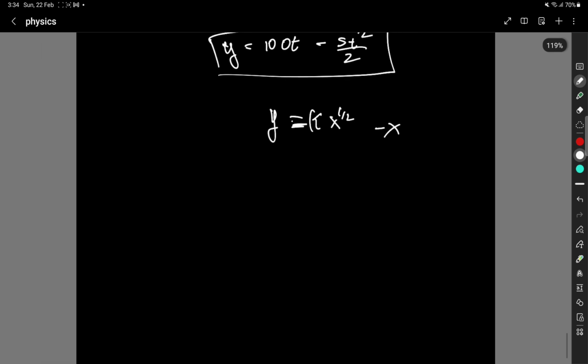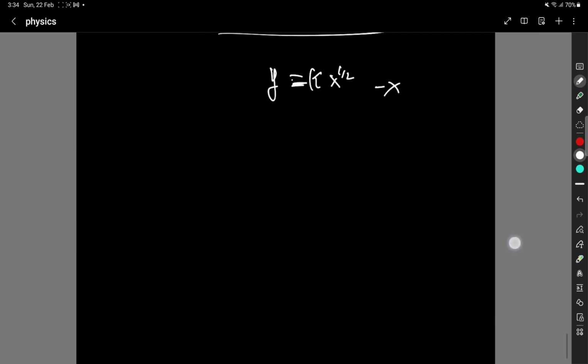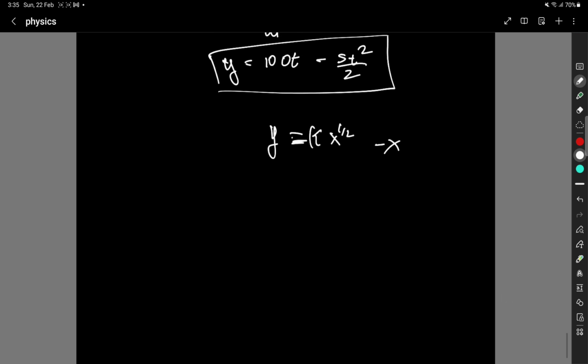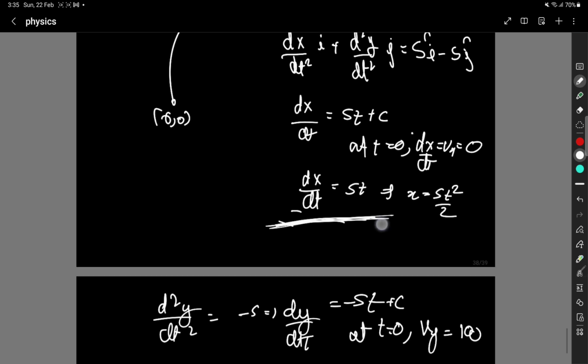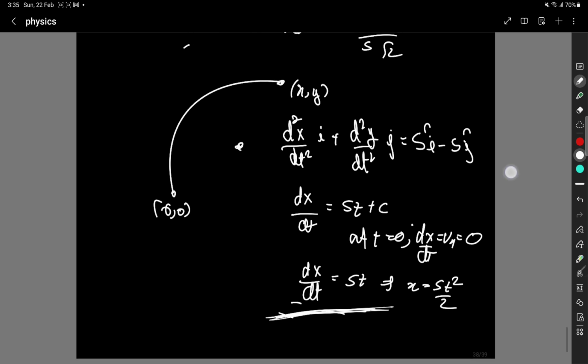How do I prove that this is a parabola? If this is a parabola, then this would be the focus and this would be the directrix. Yeah, first of all, the equation is correct.